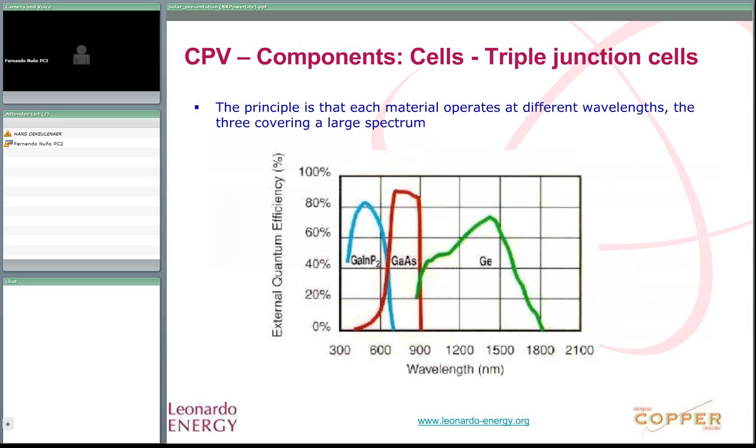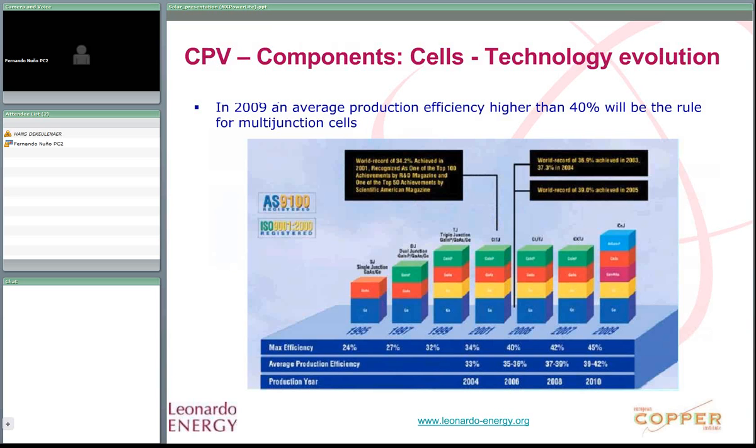Now we will focus on components. Cells, usually triple junction cells are used. The principle is that each material operates at different wavelengths, so the three materials cover a large spectrum. The expectations on efficiency reach 40% by 2009, as today we are roughly at 35%.